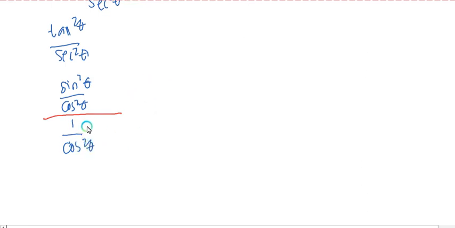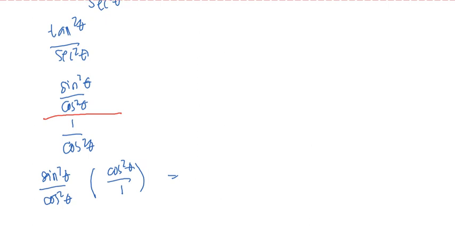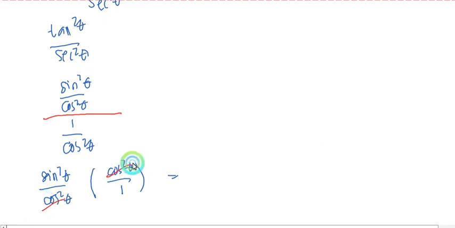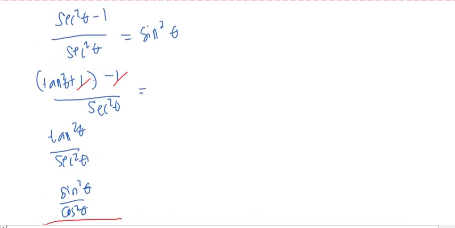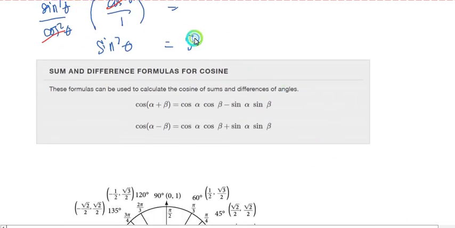So if I divide them, I have to find the reciprocal of our denominator and proceed to multiplication. So this is sine squared theta all over cosine squared theta multiplied by cosine squared theta all over 1. So this is equal to, the cosine squared cancels, what is left is sine squared theta. So this is sine squared theta. Okay, so we check if this is correct: sine squared theta.